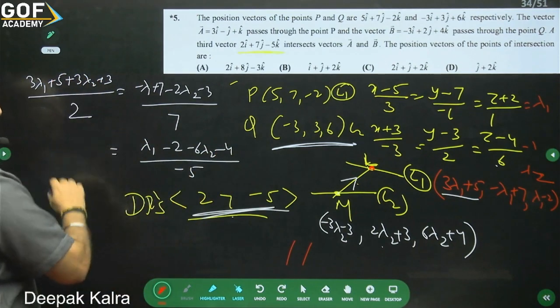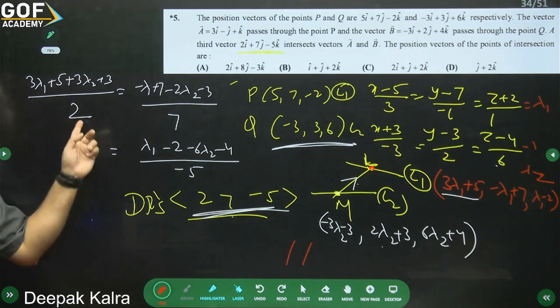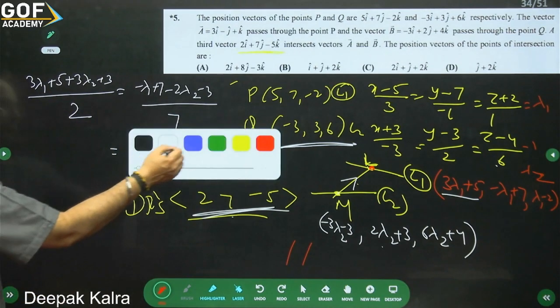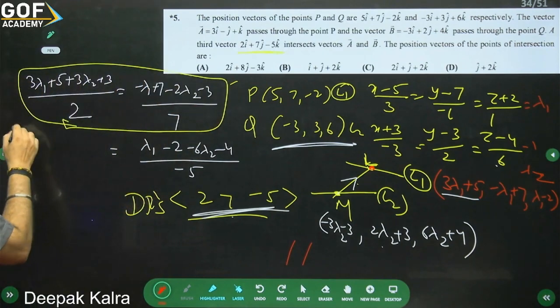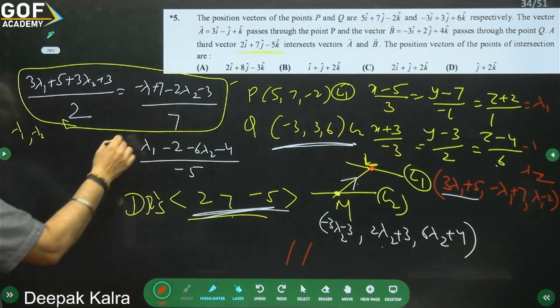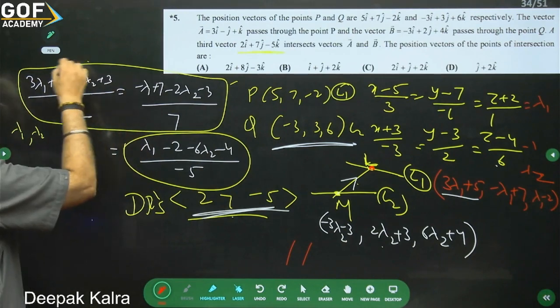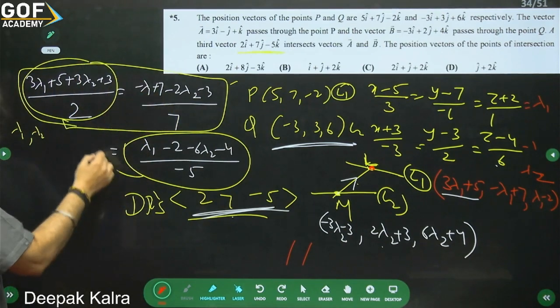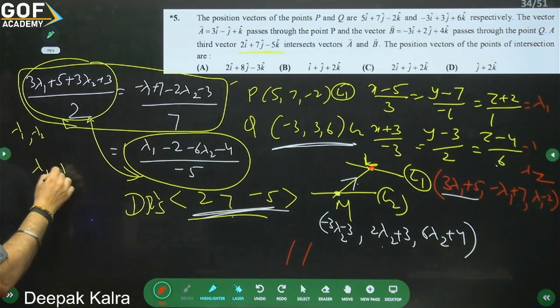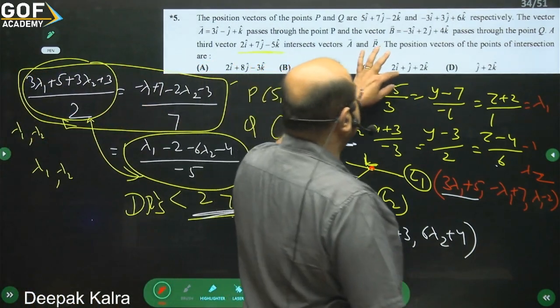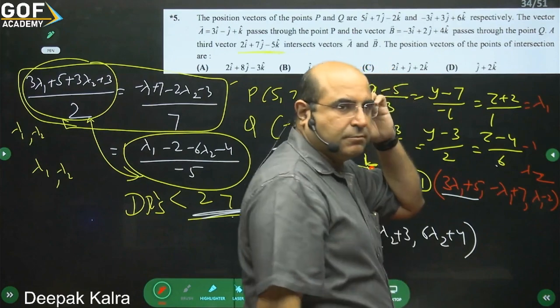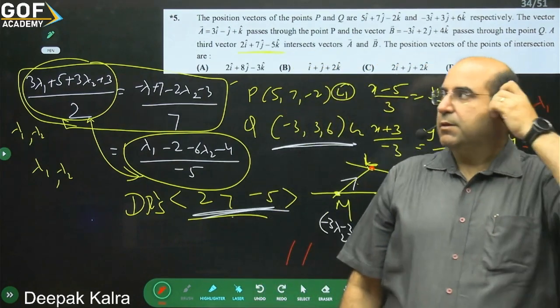You equate 2 at a time. Take this one first, get an equation in lambda 1, lambda 2. Take this one with any one, either this or this. Take another equation in lambda 1, lambda 2. Solve it, you get lambda 1 and lambda 2. Hence, the position vectors will be obtained. Clear?